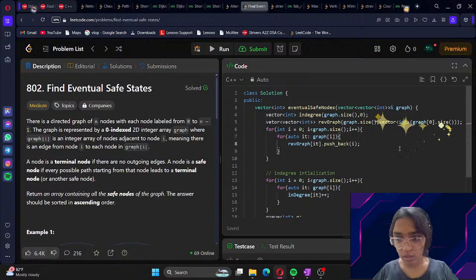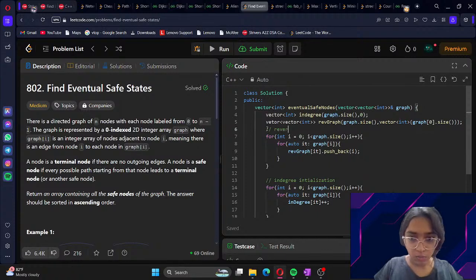That should work for this block, for reversing the connections.